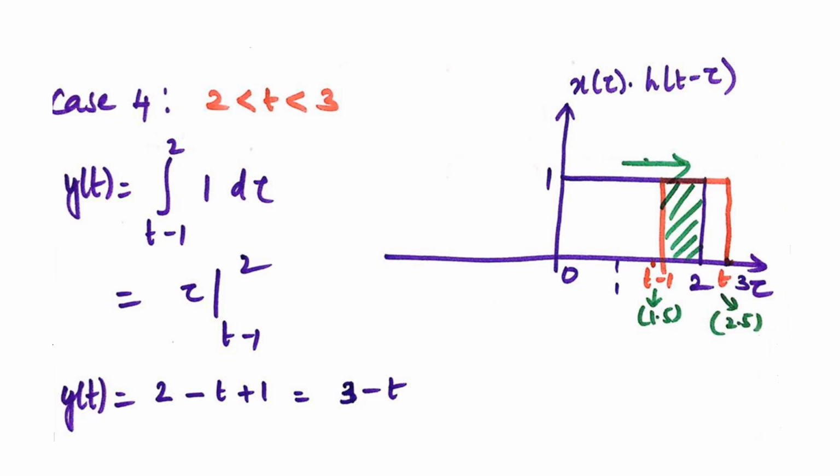Now what happens when we glide it and fix the edges between 2 and 3, when t is fixed between 2 and 3, where does the product actually exist? The product actually exists only in the limit t minus 1 to 2.